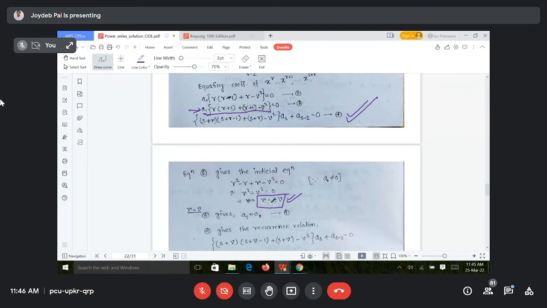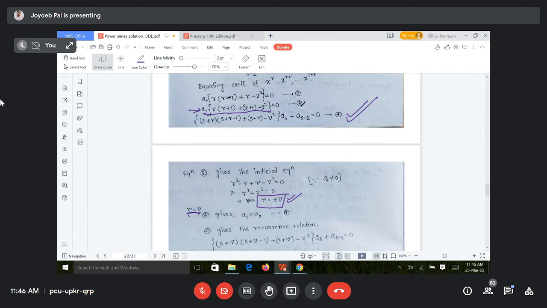So in between plus minus nu, what is the larger root? Nu, because nu is positive. So plus nu is the larger one. So for nu, I am going to find the first solution, that is y1.